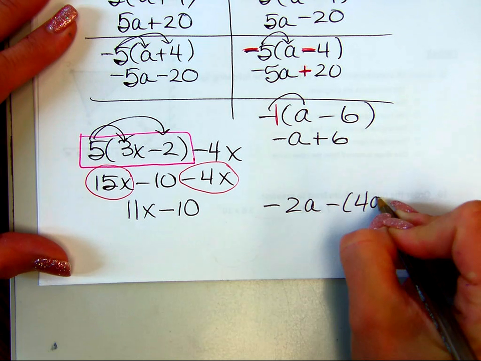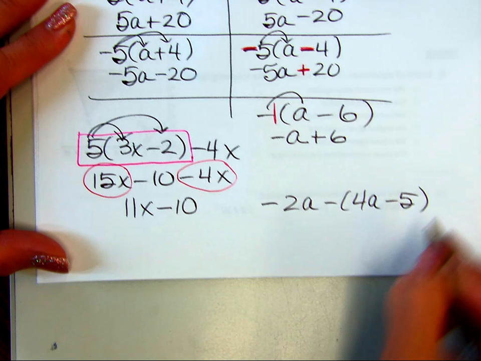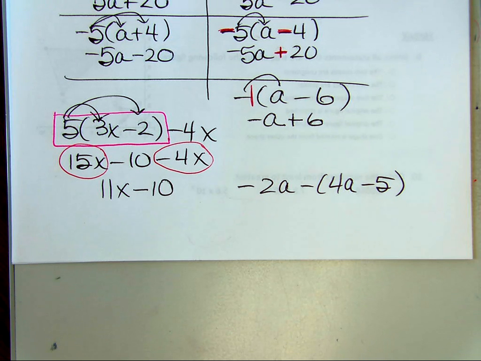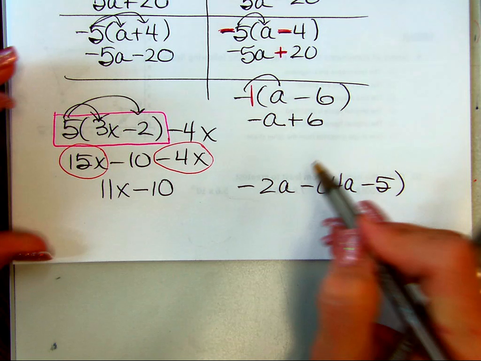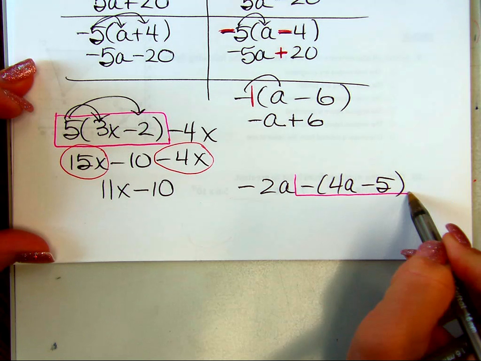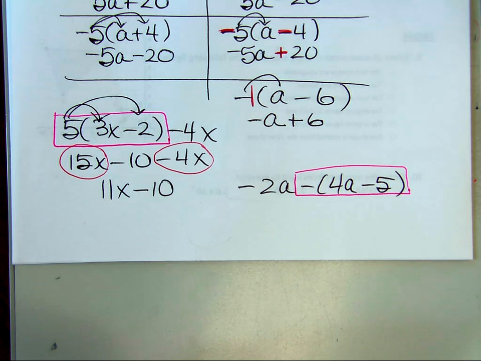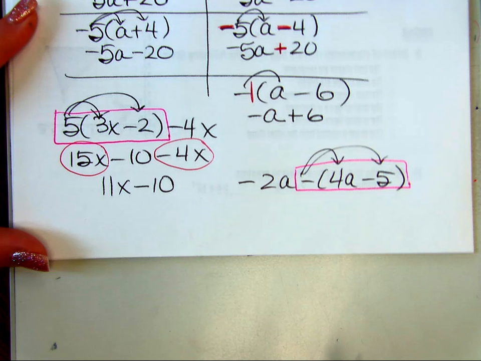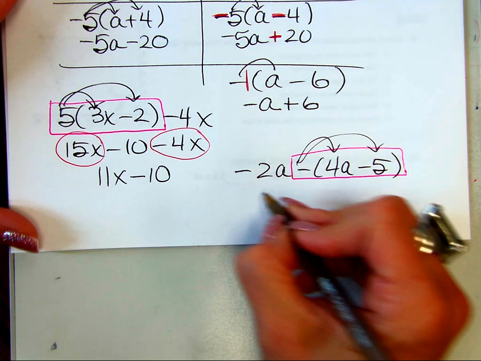What if I have negative 2a minus 4a minus 5? Take a minute and try to do that one. So what exactly are we distributing? Not the 2a. We're just distributing the negative.